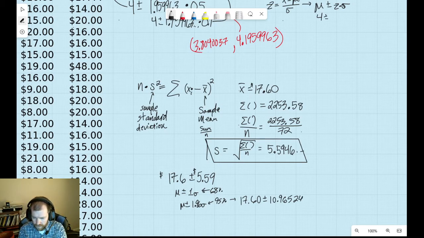All right, so add this to 17.60, and we get on the high side 28.565, and on the low, it's 6.635.